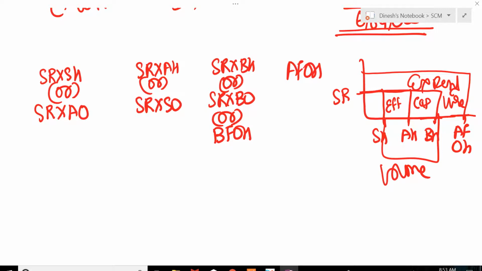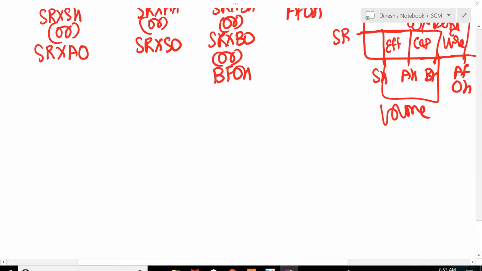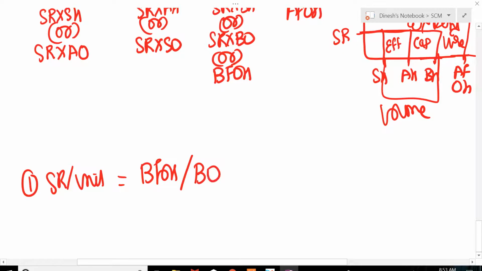First calculate SR per unit and SR per hour, that's the starting point. SR per unit is equal to, what is the formula? BFOH by budgeted output. BFOH by budgeted output.